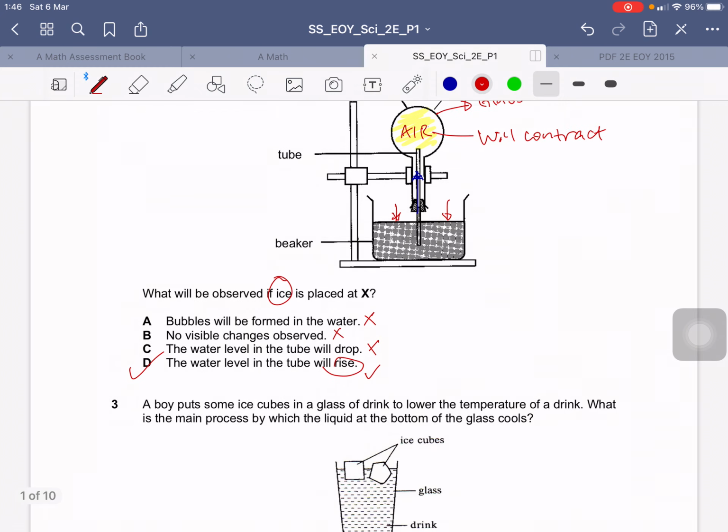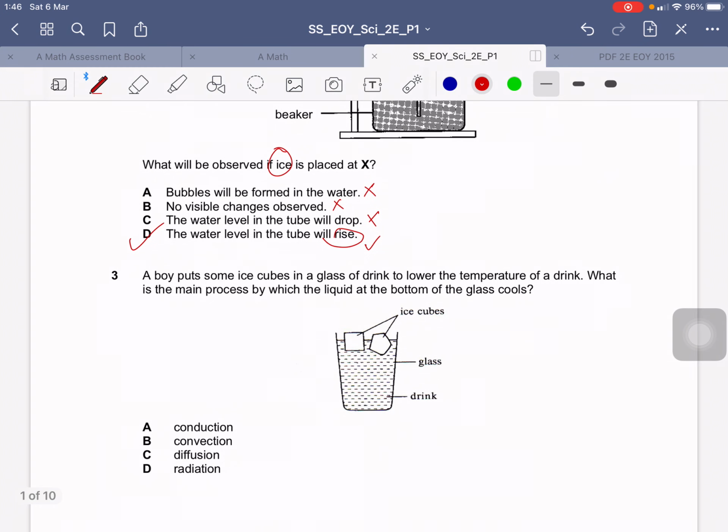Okay, next, number 3, a boy puts some ice cubes in a glass of drink to lower the temperature of a drink. What is the main process by which the water at the bottom, so at the bottom is referring to this part, the yellow color part, by which the liquid at the bottom of the glass cools? Okay, so very straightforward.